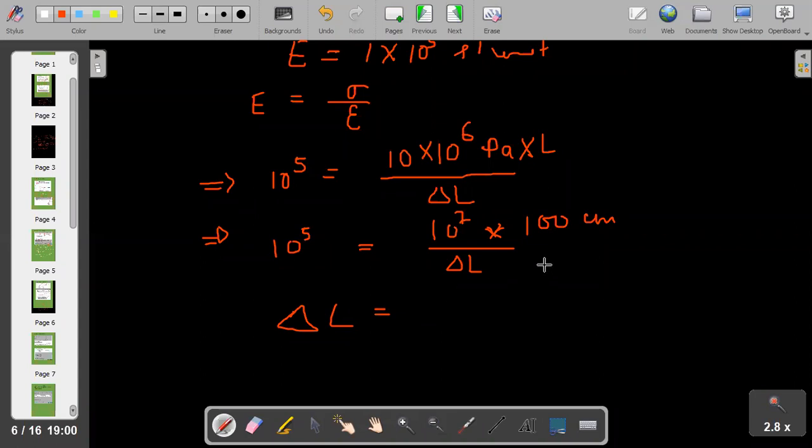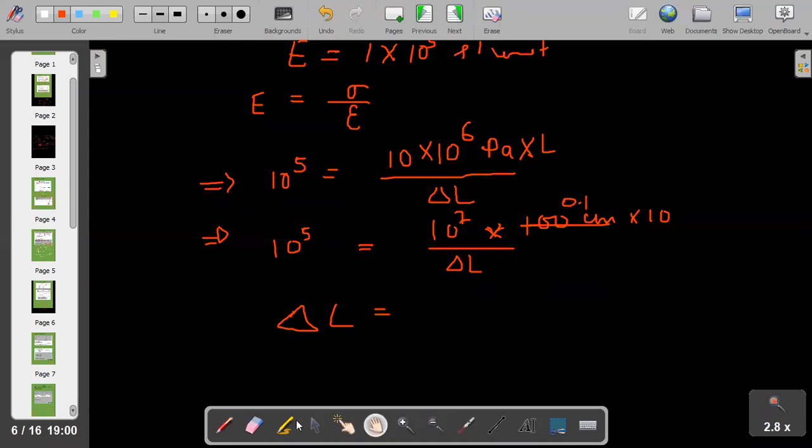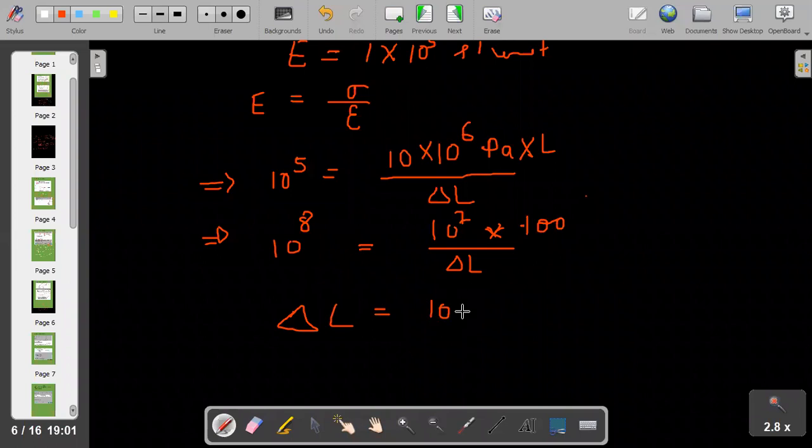That is too much, this length is coming out very large. Actually there is a problem with the values. Make it 10 to the minus 0.1, 100 meter. Still it is more. Okay, let's make it 10 to the power 8. Now solve this. So I think it will be 10 centimeter.